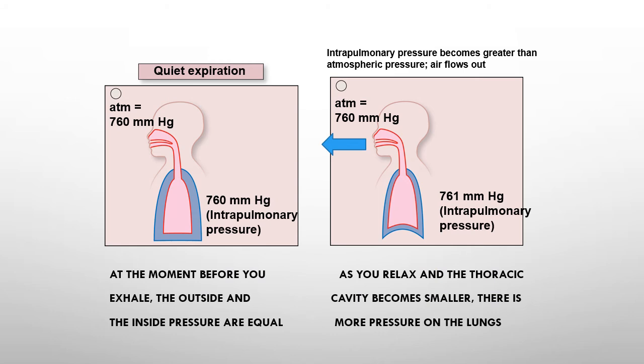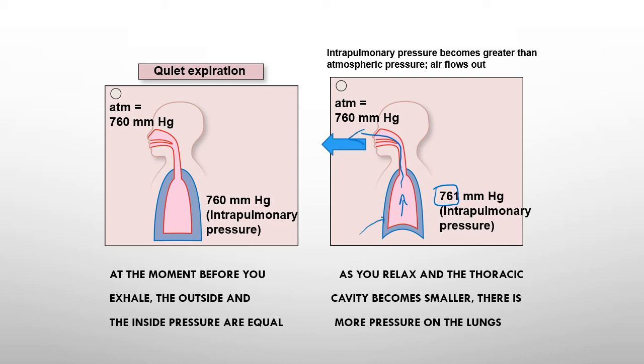For expiration, we've now got to raise that pressure inside the lungs, and so we've got to raise our intrapulmonary pressure up. So that's now going to increase inside the thorax, and so our intrapulmonary pressure is going to be increased. That's going to force the air out of the lungs themselves.